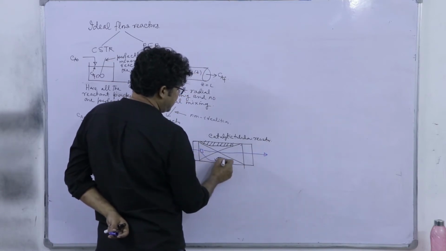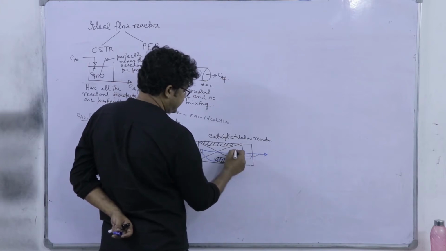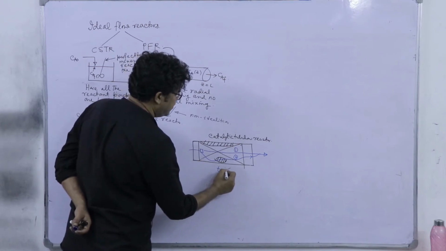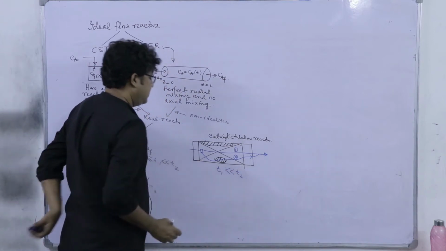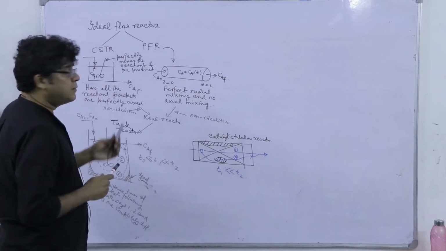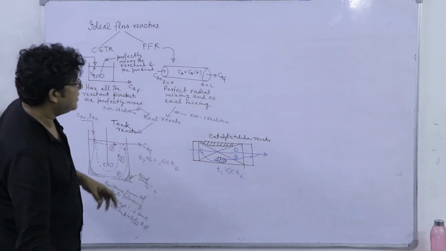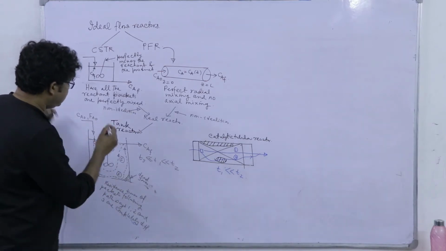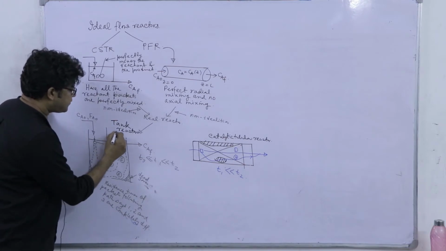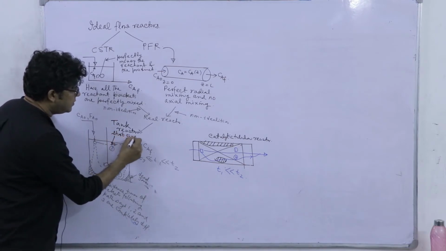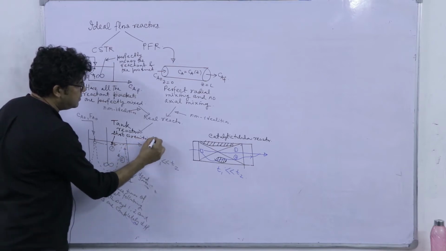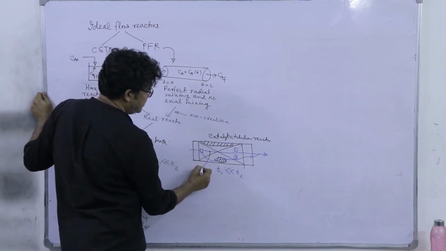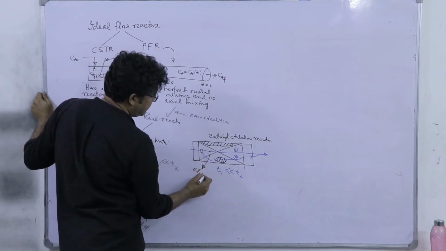However, some of the packets may pass through the dead zones. So this is 1, this is 2, and we can write that T1 is much smaller than T2. So we have non-idealities like channeling, like these dead zones, like short circuits. This is called a short circuiting path, that is a dead zone, and here that is called channeling.